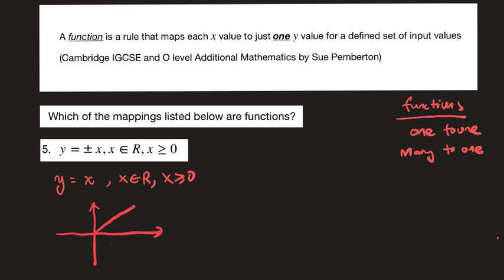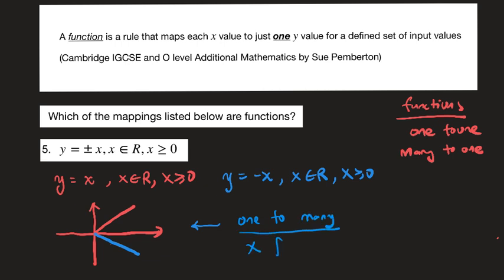Now, if we say y equals negative x, and x belongs to R, x greater than 0, the graph will be this one. So y equals plus minus x, the graph will be like this. Based on this graph, we know that this is a one to many. So one to many is not a function.